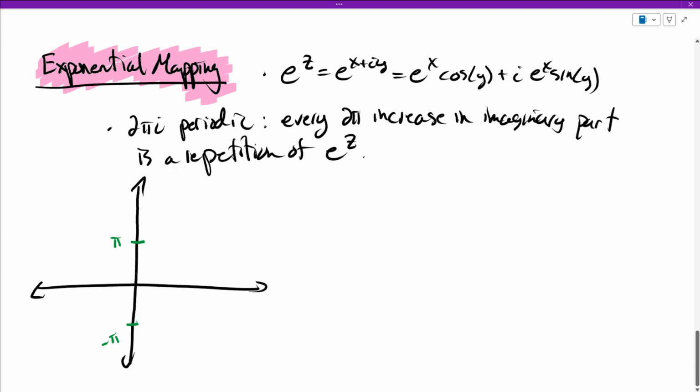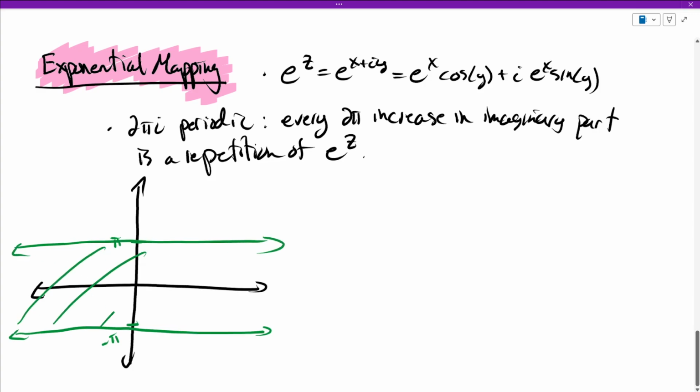So here is a 2 pi interval distance in imaginary parts. So every time we have one of these chunks, whatever e to the z does to this part, it's going to do to the next chunk. So here, let me do a chunk here, and suppose this goes up to 3 pi.